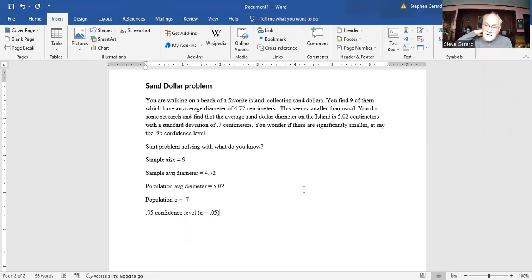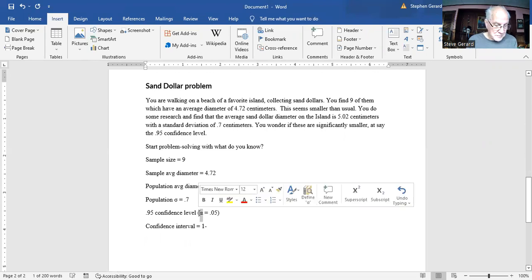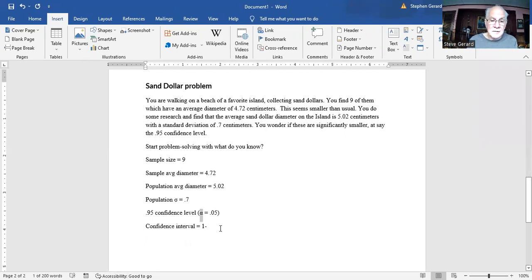If you want to have a 99% confidence level, you'd have an alpha of 0.01. The confidence level equals 1 minus alpha.